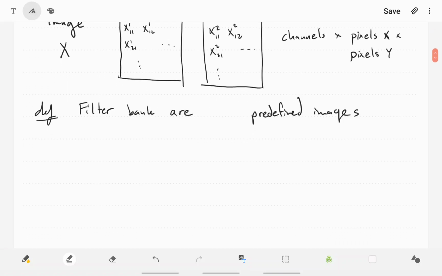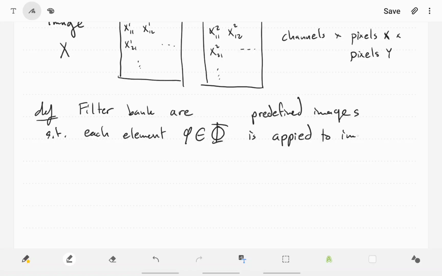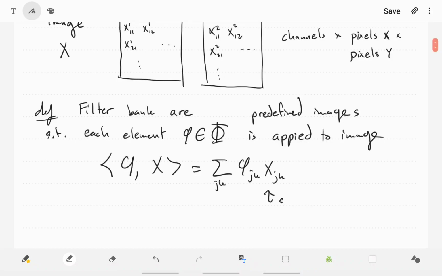In general they're tensors, such that each element phi in this filter bank, where capital Phi is the filter bank, when we apply it to an image, we get a single number. We get this inner product between phi and our image x, which is just equal to the sum over j and k over all indices of phi j k times x j k, and this is for a single channel image.